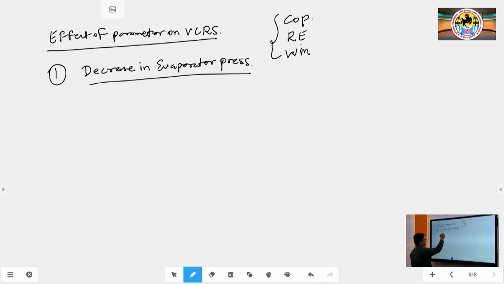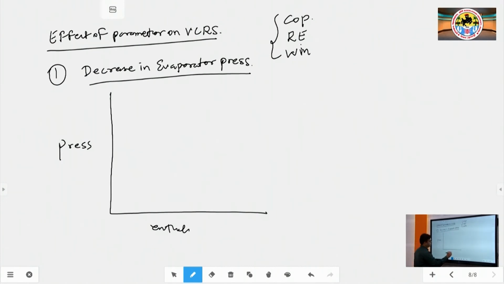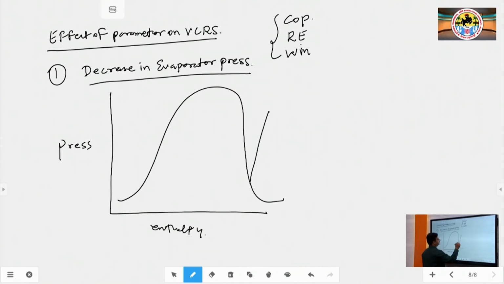So, let us see. First we have to draw the pressure enthalpy diagram, the pH diagram. 1 to 2 we already know is isentropic compression, 2 to 3 constant pressure heat rejection, 3 to 4 isenthalpic process, constant enthalpy, and 4 to 1 is the refrigeration effect.